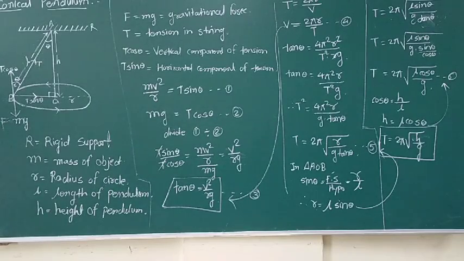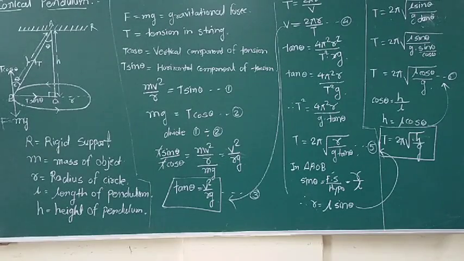Now on that bob, or that object, there will be a force exerted by the earth, that is the gravitational force. So the force is equal to mg, and this force is acting vertically downward.